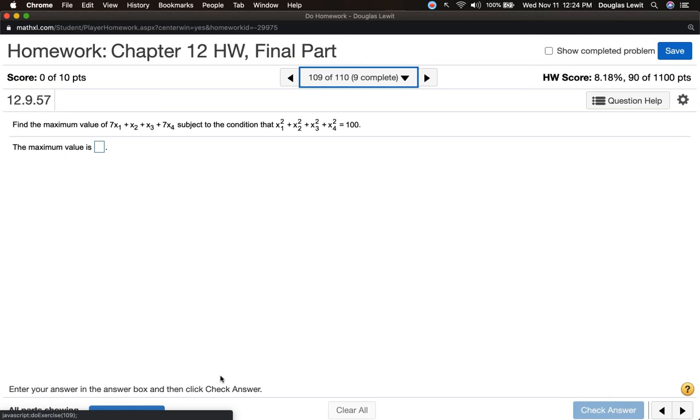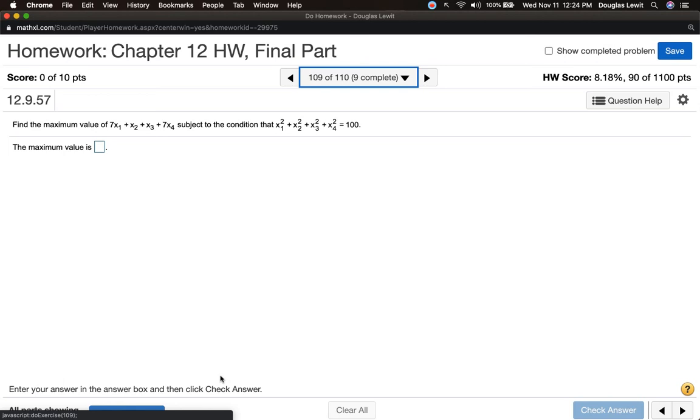So you can use Lagrange multipliers, okay? I think the authors of your Pearson textbook want you to use the Lagrange multiplier method. However, you can also use Mathematica if you really understand how to use Mathematica.